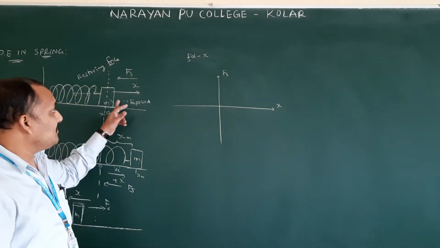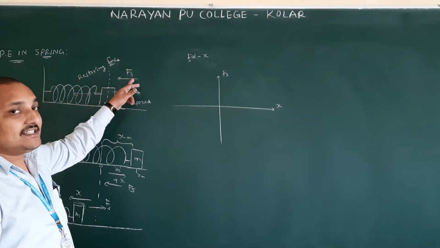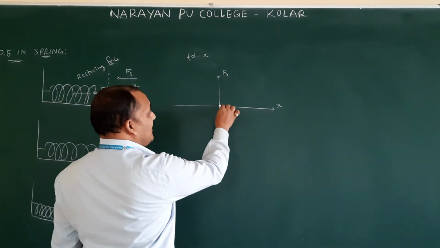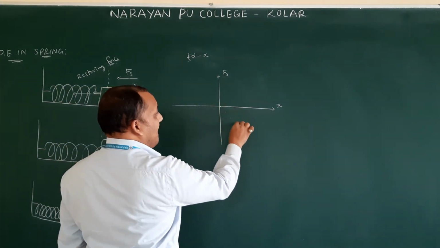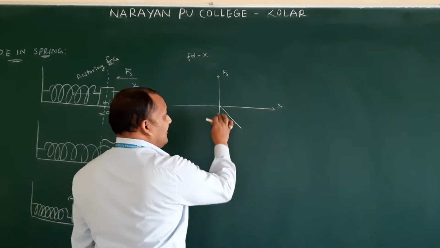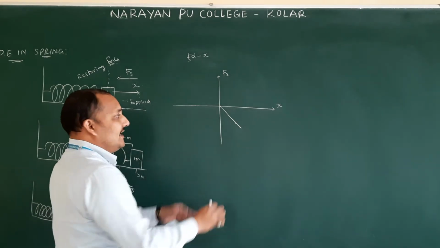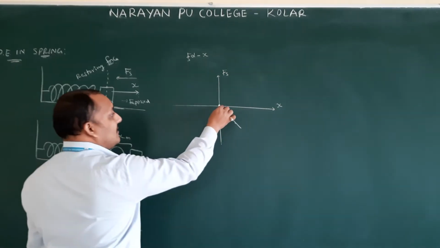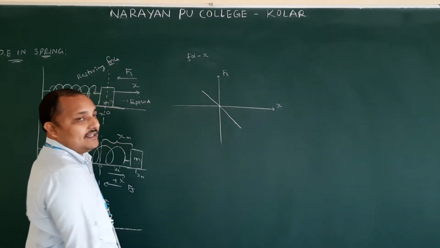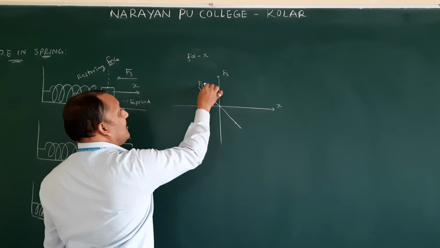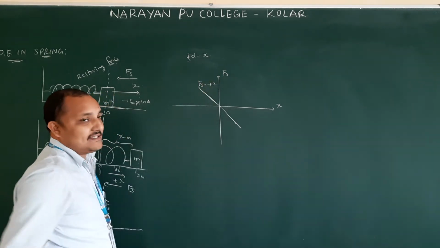If we elongate in the positive direction, force increases in the negative direction. It starts from 0, so you draw like this. When x is positive, F is negative. Negative means opposite direction. When x is negative, force is opposite. So Fs is equal to minus kx.